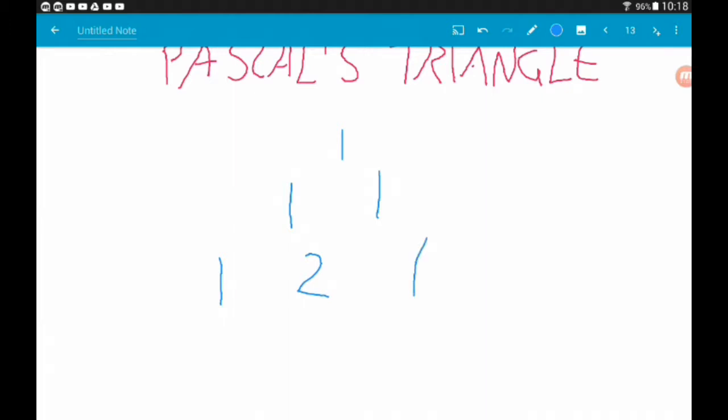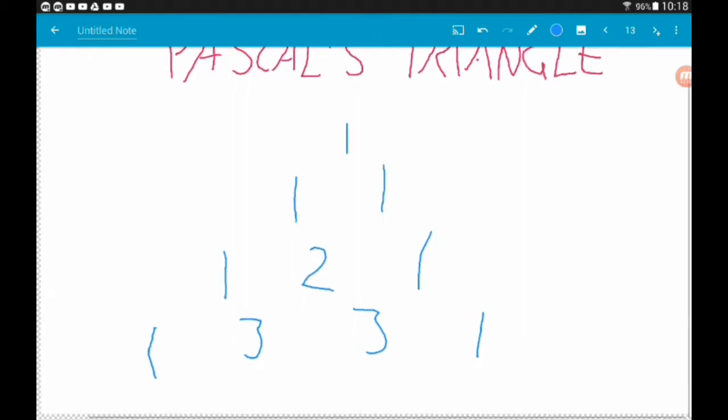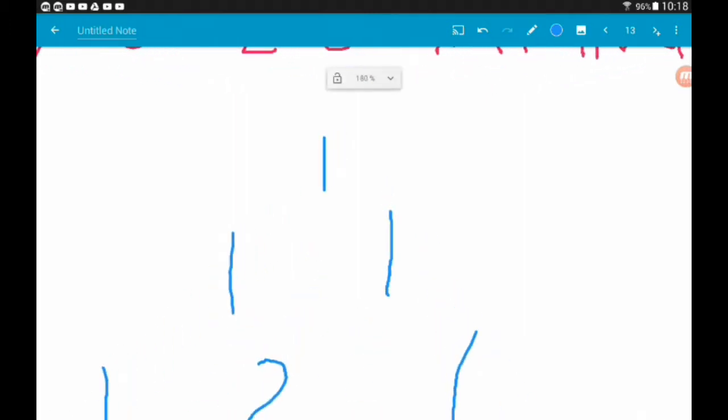And then we had 1 and 3x, and then 3x squared, and then 1x cubed. So I'm going to stop there before I fill in the next row and show you the pattern that's going on. So we start off at the top, 1, 1, 1, nothing really very exciting is going on there.